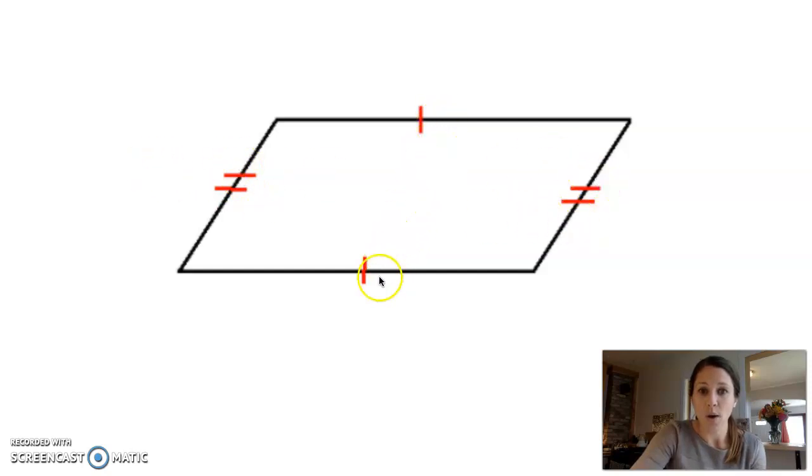So 1 pair of parallel lines, 2 pairs of parallel lines. That is what has to be true for a polygon to be a parallelogram. Both pairs of lines are parallel, or they will never cross.